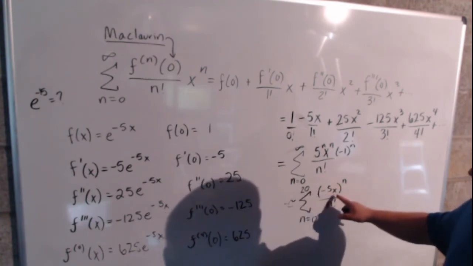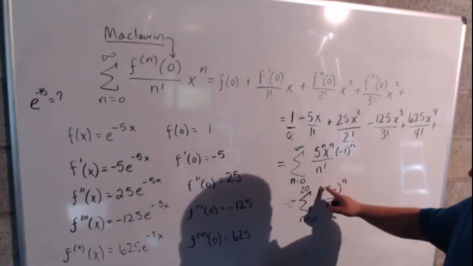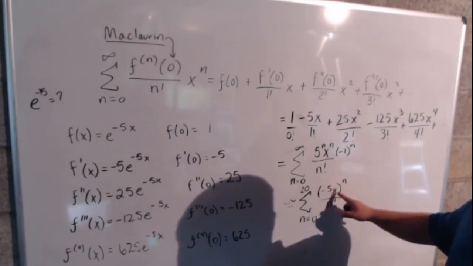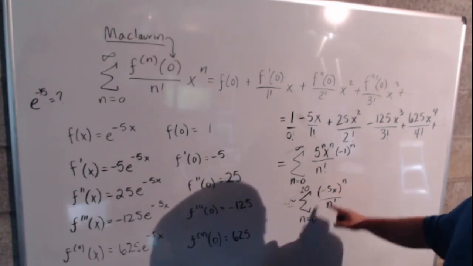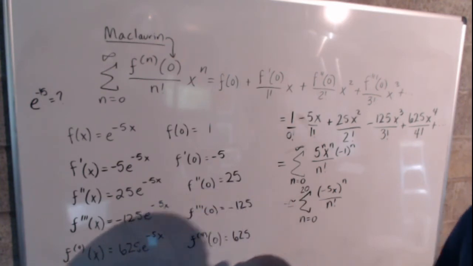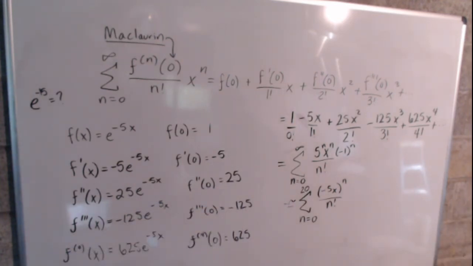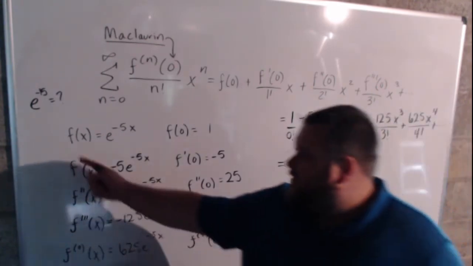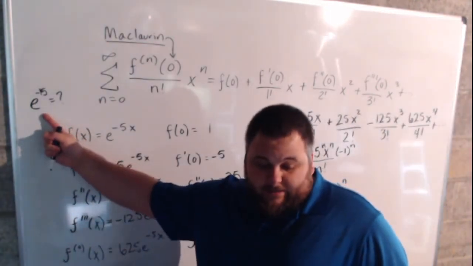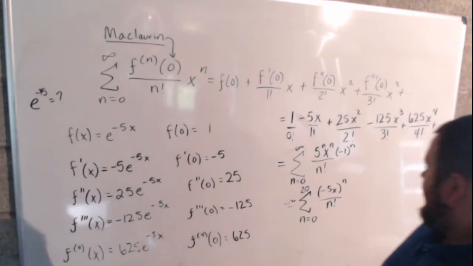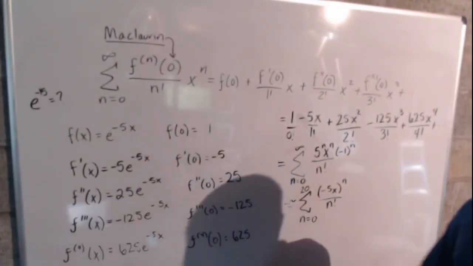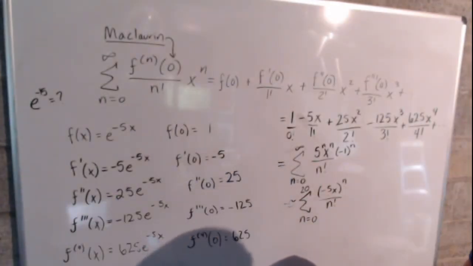Now instead of plugging in -5x, what are we going to be plugging in? Well, the problem originally asked for an approximation to e to the -15. So how do I make 5x look like 15? Well, I just make x 3, right?